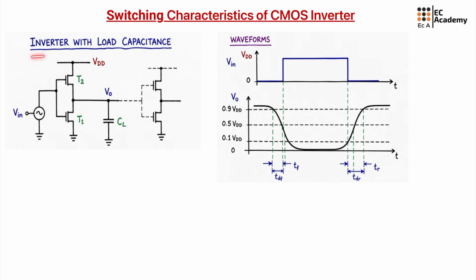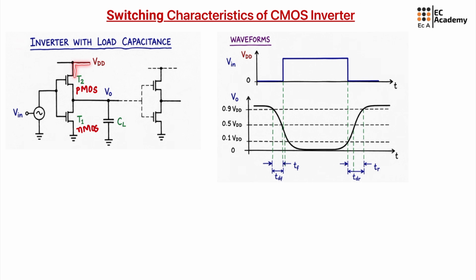Now let us understand the inverter with load capacitance. First, let us look at this CMOS inverter. Here, we have two transistors. Transistor T2 is the PMOS transistor and transistor T1 is the NMOS transistor.